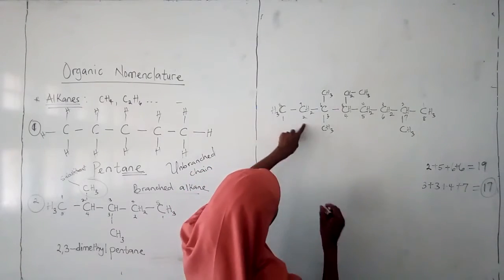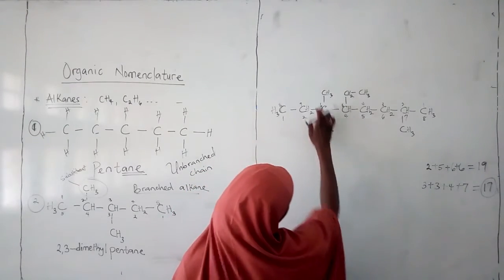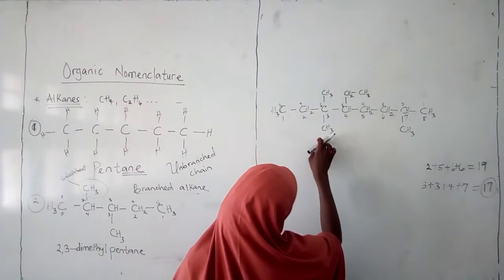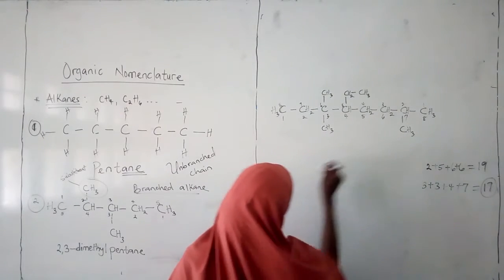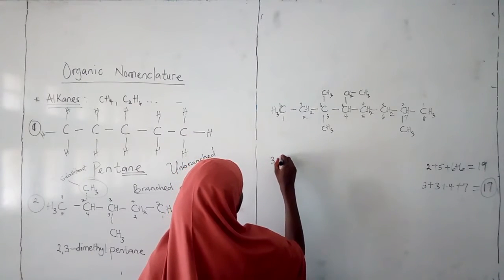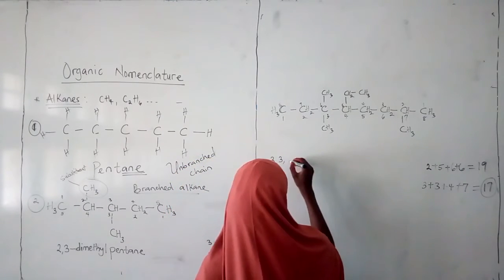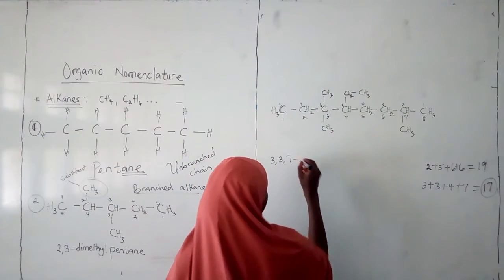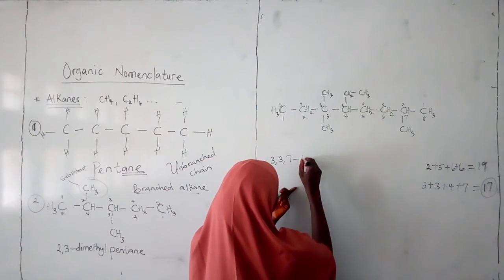So now we have methyl groups in position 3, 3 and position 7. Since this is 3, it's going to be tri.